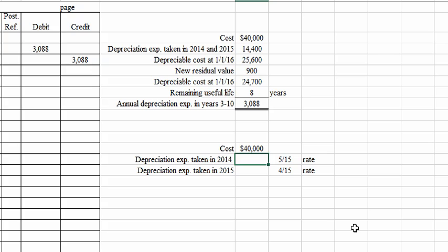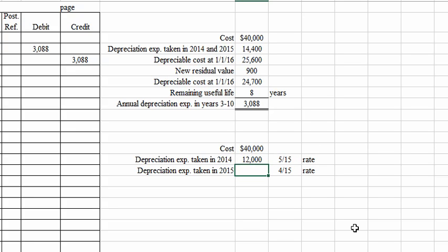Okay, so depreciation expense taken in 2014 would be equal to our cost of $40,000 minus the residual value. At that time we thought it to be $4,000, times our rate, 5 over 15, and that gets us to $12,000.